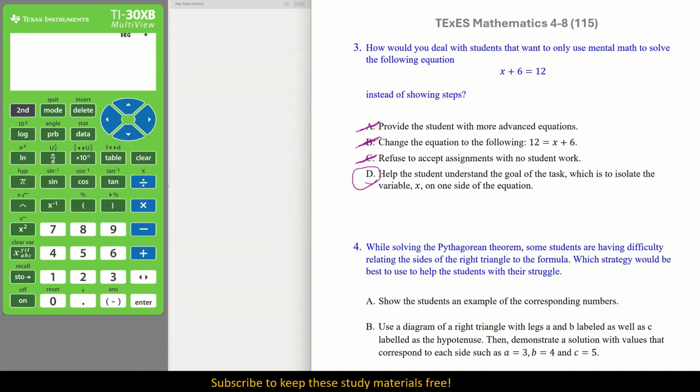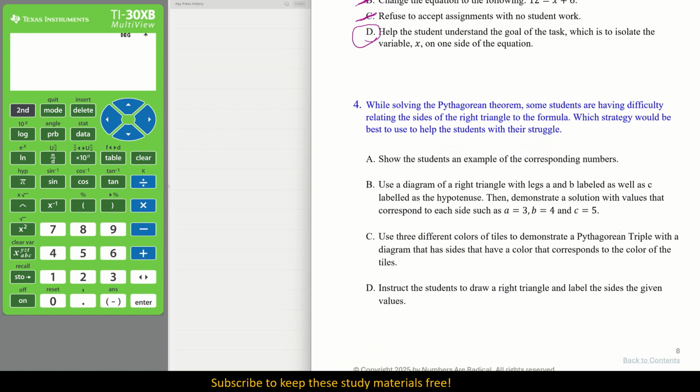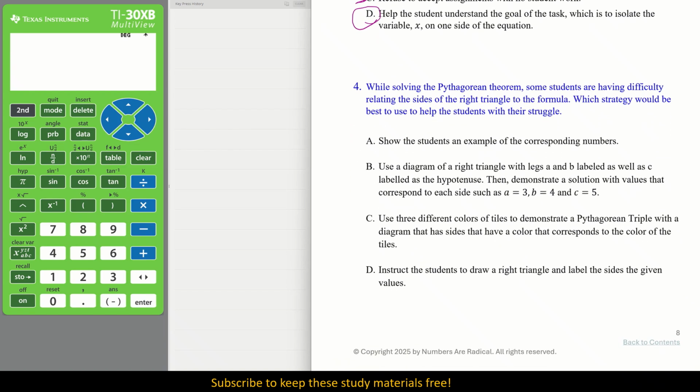All right, let's go to number 4. While solving the Pythagorean theorem, some students are having difficulty relating the sides of the right triangle to the formula. All right, I'm going to jot that out really quick down here. We're going to have a right triangle.